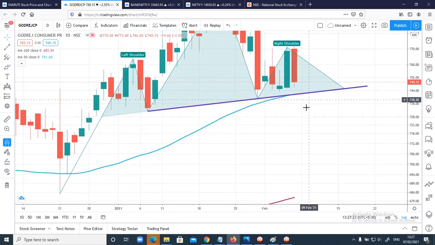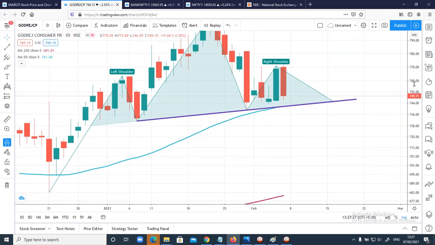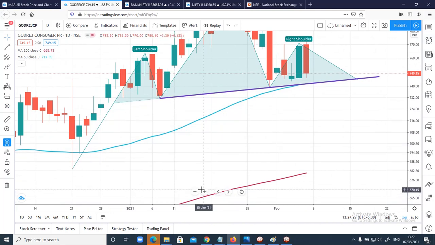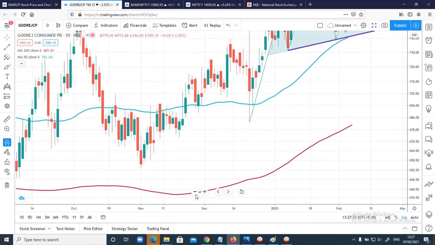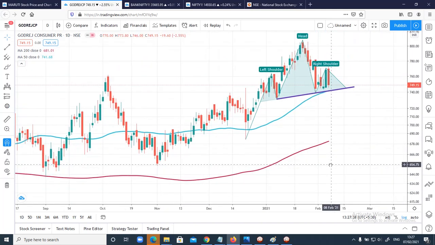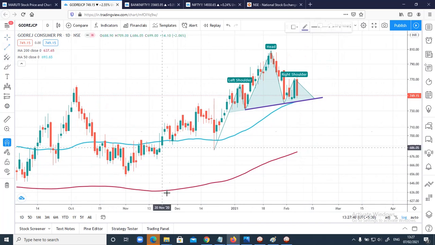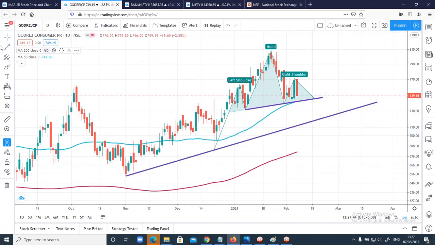This is the first sign, and once it starts trading below the 50 moving average, yes, we can expect there is some weakness and prices can move up to the 200-day moving average at max. Let me see. Yes, the 200-day moving average would be the max level we can see, or this trend line will act as a support, right?